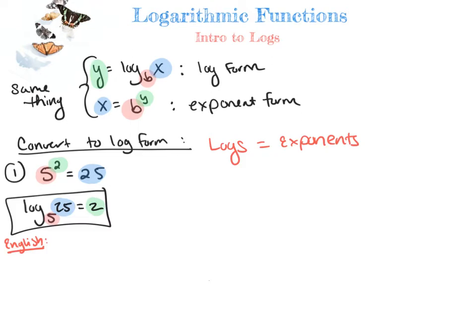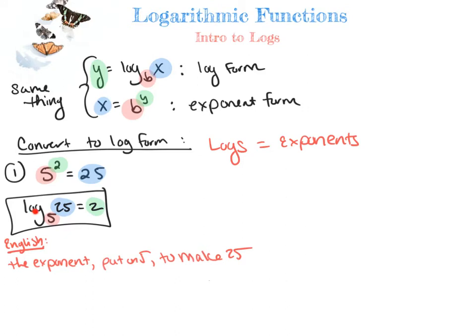So when I translate this into English, this is what I have. The log base 5 in English means the exponent put on 5 to make 25.